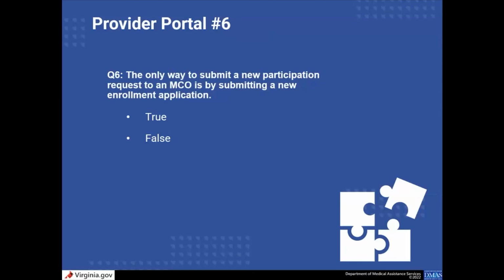Question 6. The only way to submit a new participation request to an MCO is by submitting a new enrollment application. Is this true or false? The correct answer is false. MCO participation requests can be sent from the MCO network page.